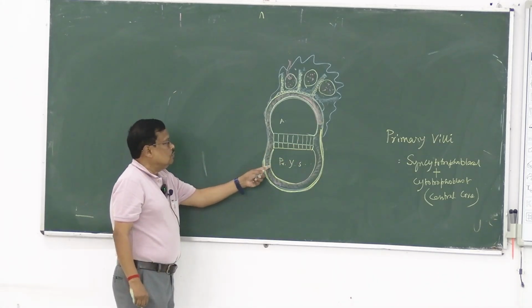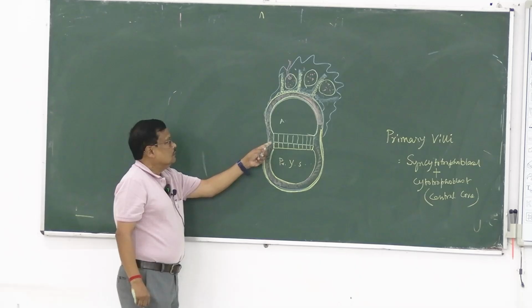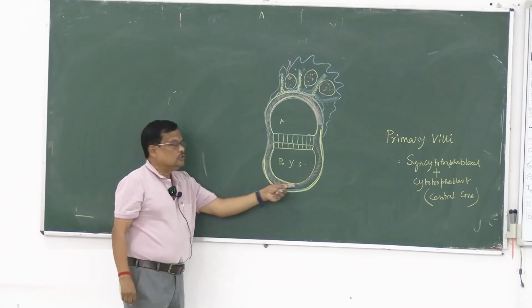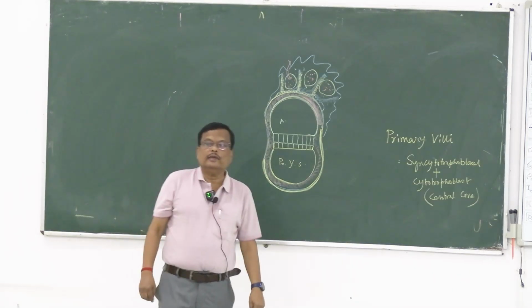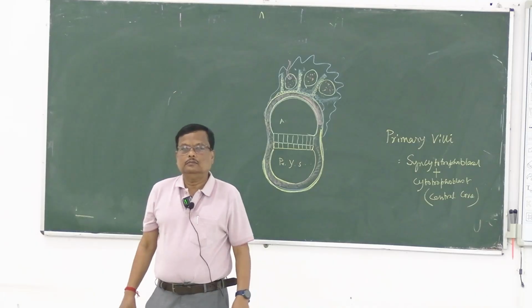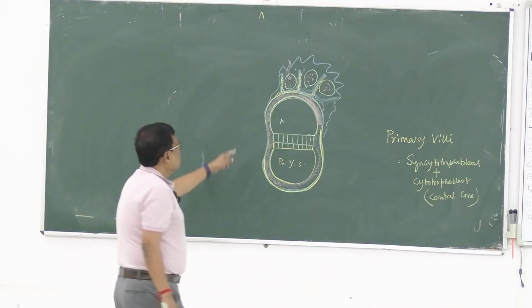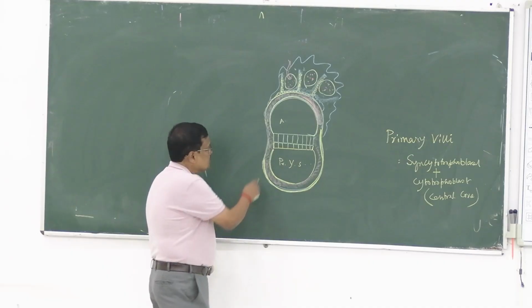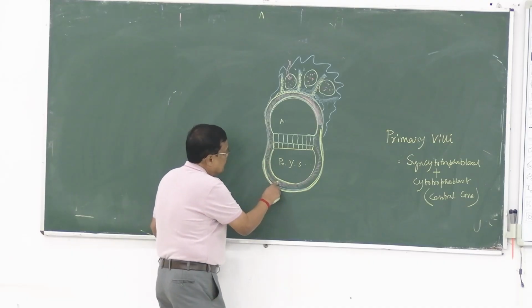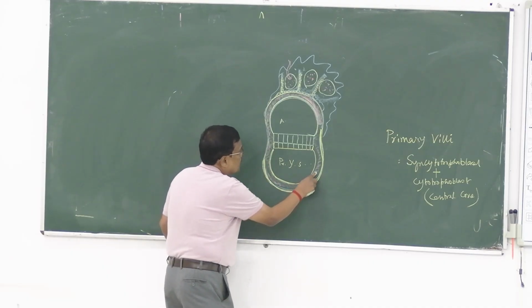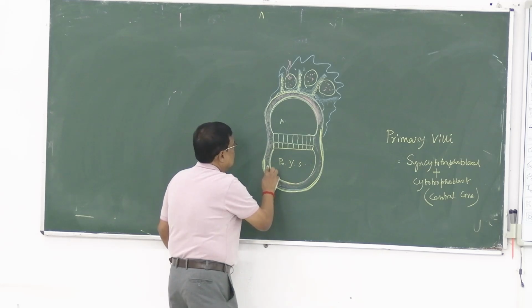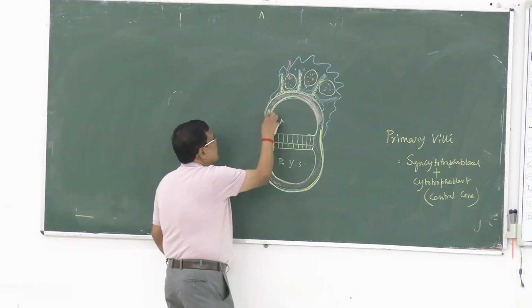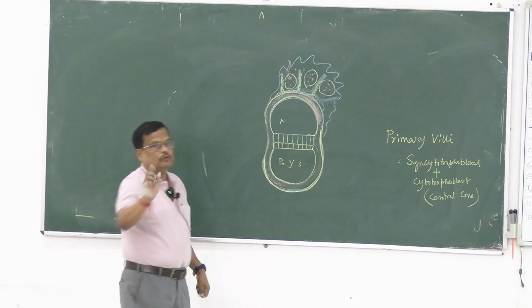In between these two layers, there is development of another tissue. We call it extraembryonic mesoderm. Within this extraembryonic mesoderm, a cavity will appear. We call it extraembryonic coelom, which is filled with fluid.